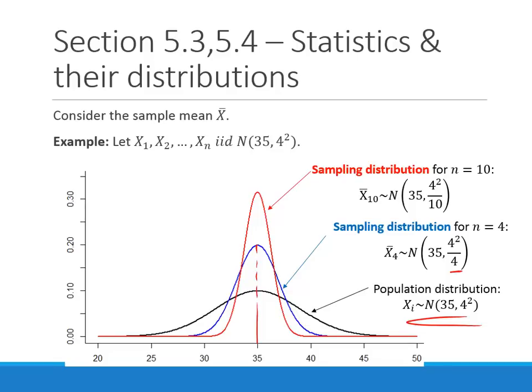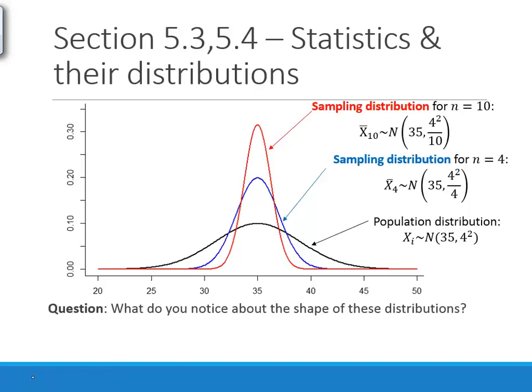So why are we talking about all this? Well, maybe before I say that, what do you notice about the shape of these distributions? They're getting more and more squished together, but the overall shape, what do you notice about that? They're all normal distributions, right?